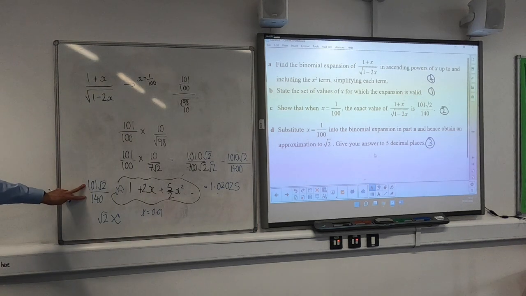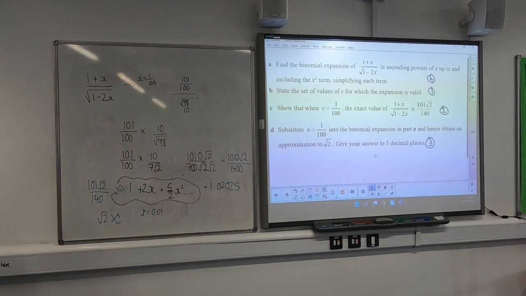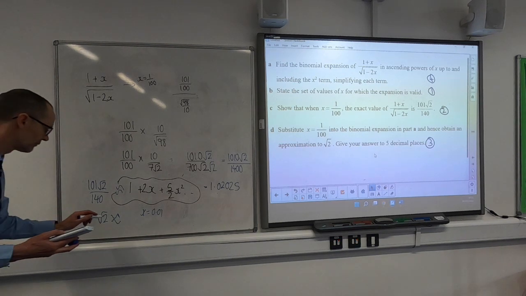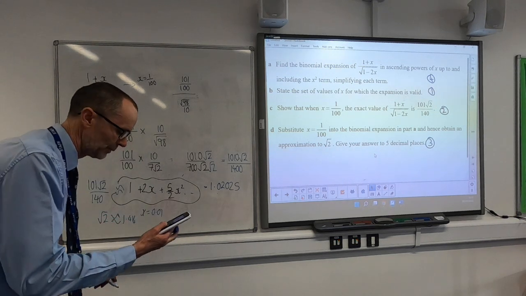So that is roughly that, and we're asked to use that to work out what root 2 is, so hopefully you just multiply by 140 and divide by 101. Five decimal places.